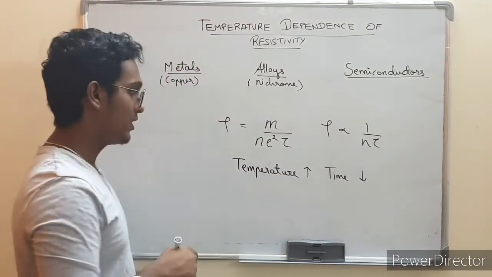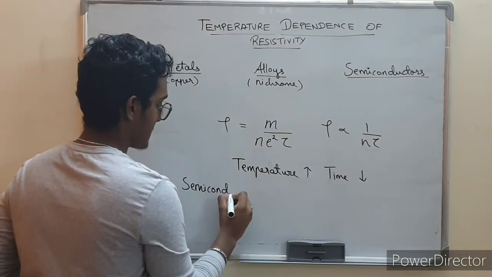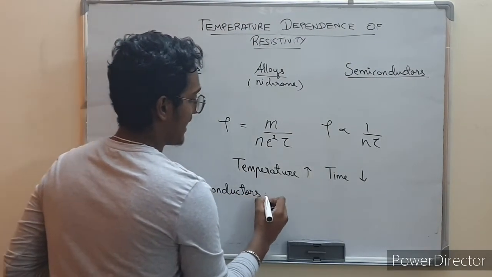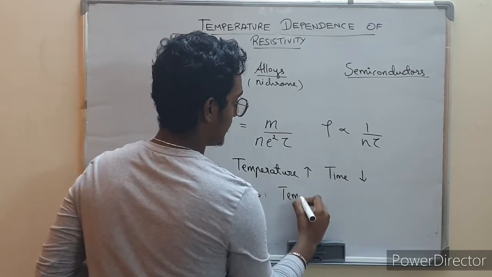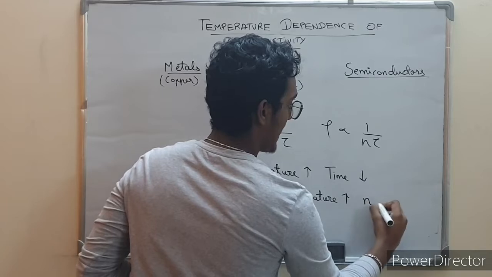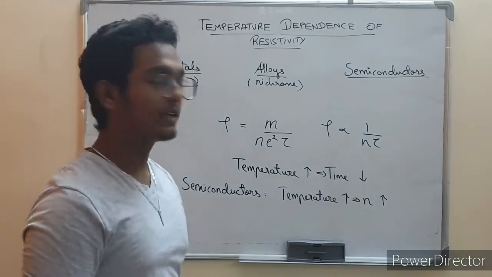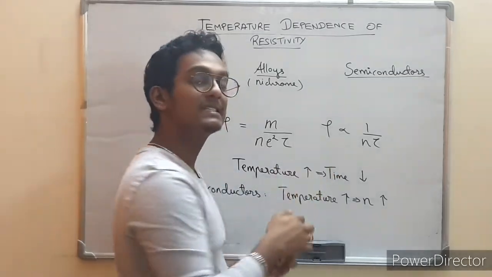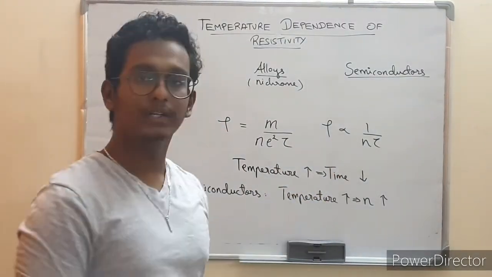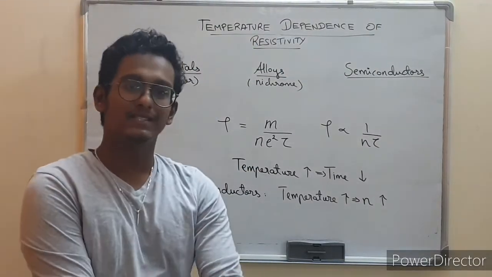For semiconductors only, a temperature increase implies n increases. So when n increases, the resistivity decreases, and this is what we saw in the graph. So this is all about the temperature dependence of resistivity.